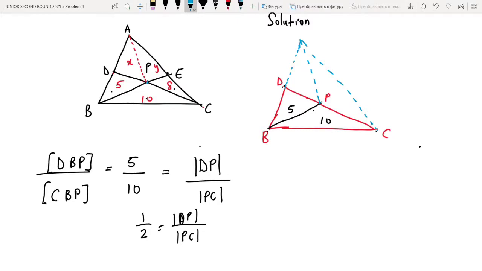This same DP over PC, according to the lemma, should be equal to the area of triangle ADP over the area of triangle APC, because they share the same base. It's just like our P1 and P2 earlier. First, we are planning to compare the area of a triangle that has the new vertex and the point P, to see the same ratio, because the base is equal. That is the cool part about the lemma.